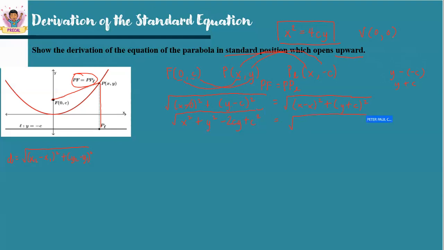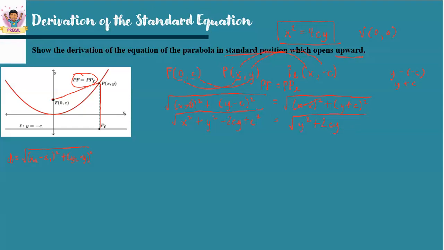Next, we have x minus x squared. This is the one that's going to be canceled because that will be 0 squared. And then we have the quantity y plus c squared. So we square the first term, y times y, it's y squared. Then we multiply the first term and the second term, that will be cy, but again we get twice its product, so that will be 2cy.